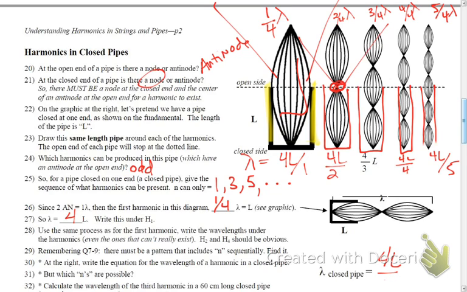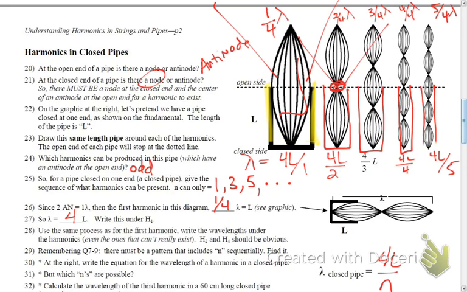I'm sorry, I wrote it down. It's n, where n is our harmonic. Because what, 1, 2, 3, 4, 5? There's our harmonic. So 4 lengths divided by n, the number of the harmonic, tells you the wavelength that is inside of a closed pipe.